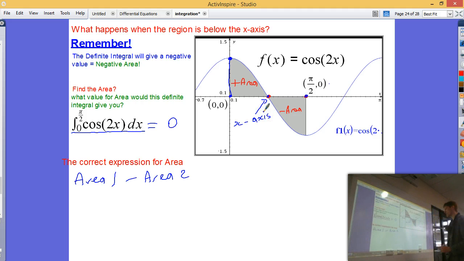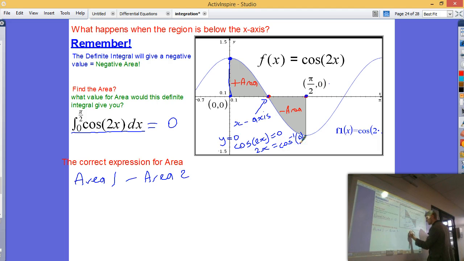Let's go ahead and find that. Let's find when y is equal to 0, and we'll put that into our rule. Cos of 2x is equal to 0. That means 2x is inverse cos of 0.